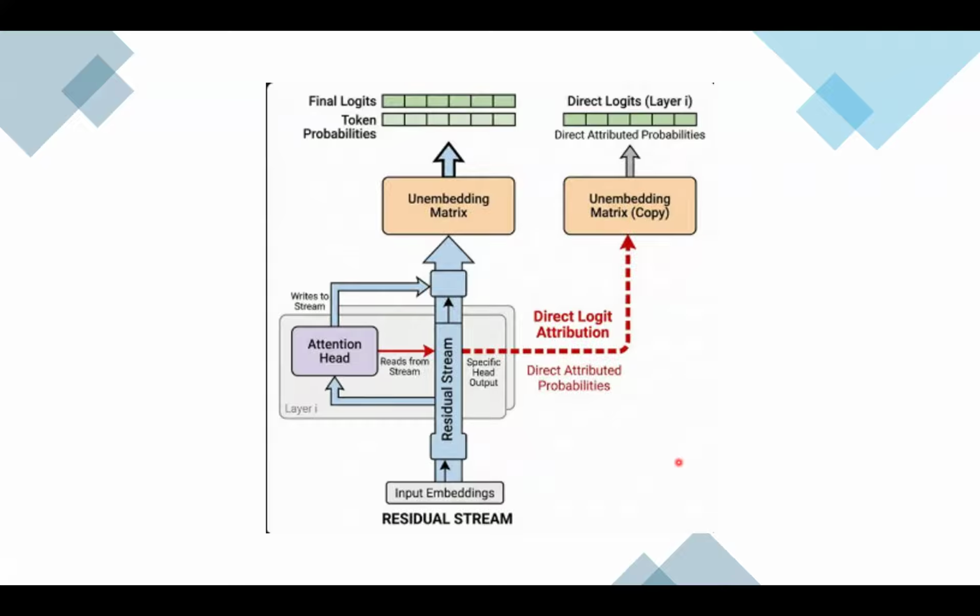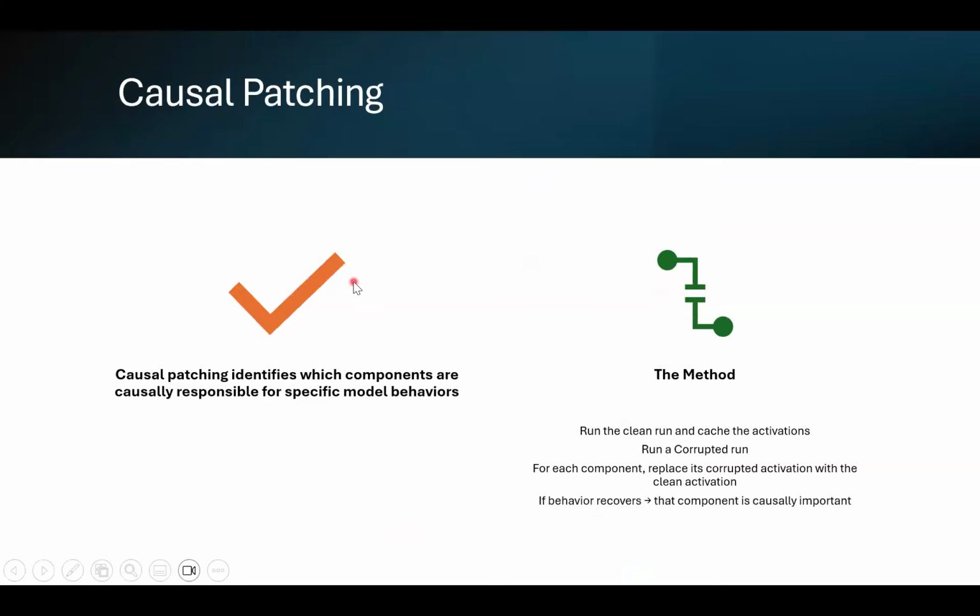So I'll quickly go over causal patching here. Causal patching is an upgraded version of trying to localize the model component. What we do is we swap the activation of a particular component in a single run with another activation and see if swapping those activations affected the model's output.